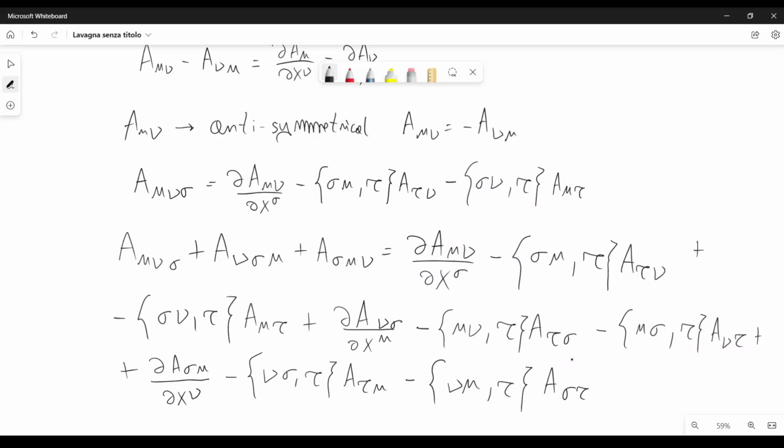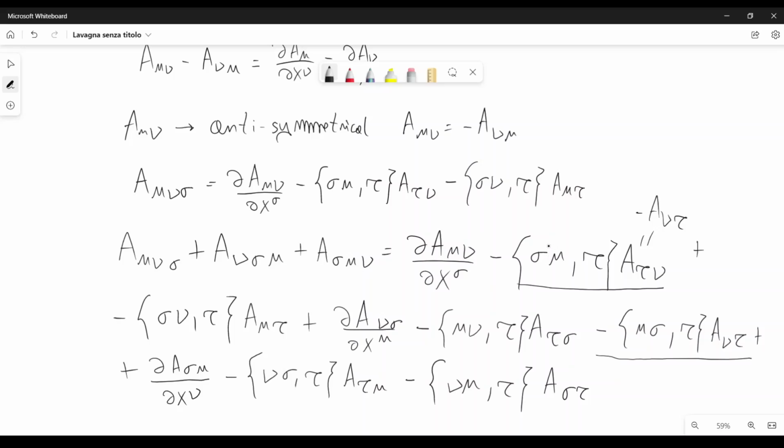Now, this seems quite scary, but actually several of these terms will cancel. Also notice that since A_{μν} is anti-symmetrical, this is equal to minus A_{ντ}, and similarly for the others. So this term will cancel this one. They are exactly the same with the opposite sign.